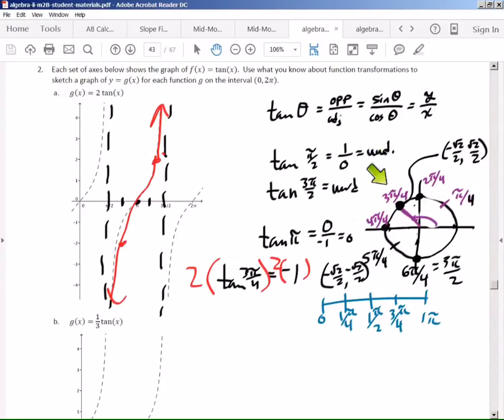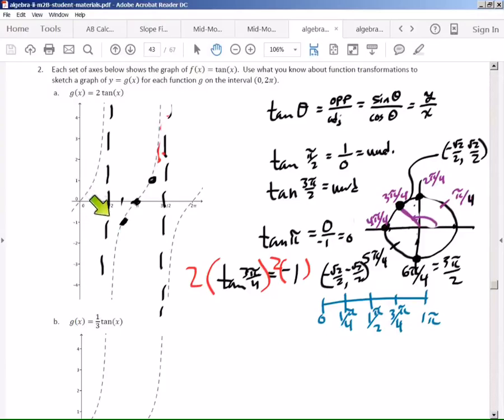I did all this just to explain to you guys how we get on a regular tangent graph, how we get this point right here, this point right here, and this point right here. Remember earlier, last week we did a big old table of values, and it gave us a bunch of points on this line. That was to see the shape of it.